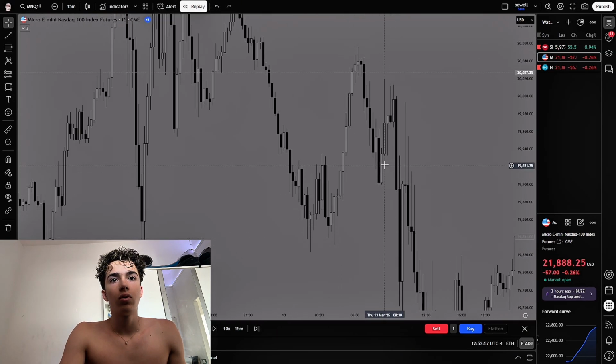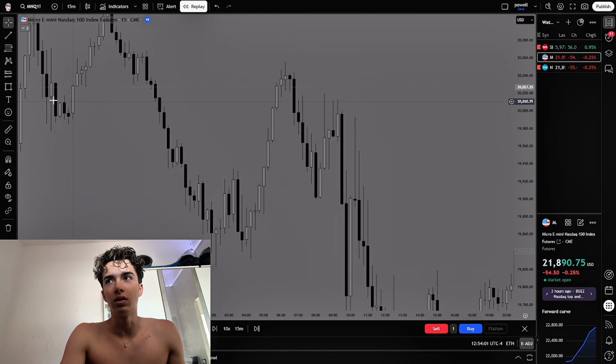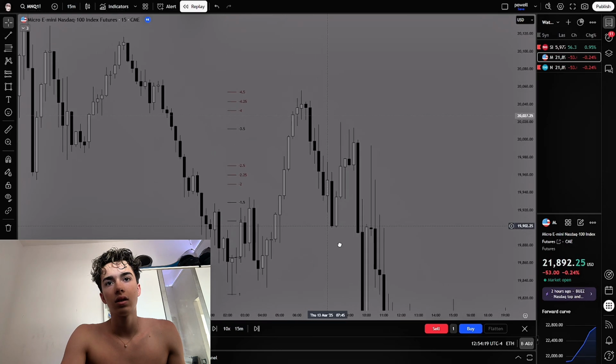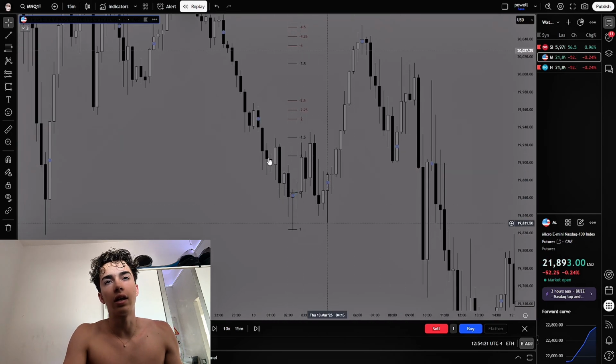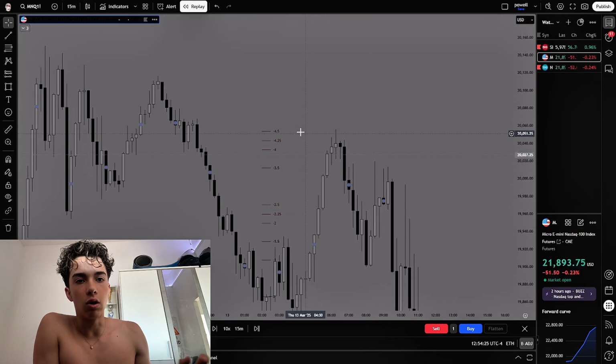Another example, yeah, this one. Let's say our manipulation leg, or maybe no, I just want to do a good example. Basically, like this, that's not a manipulation leg or an STDV or whatever, but just to show the example of how you select the level.